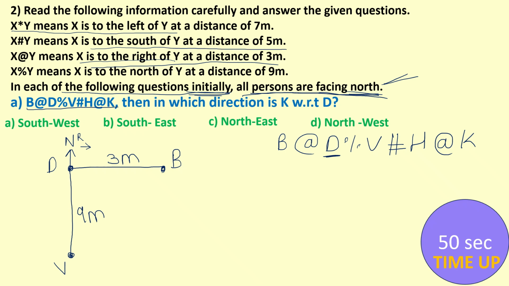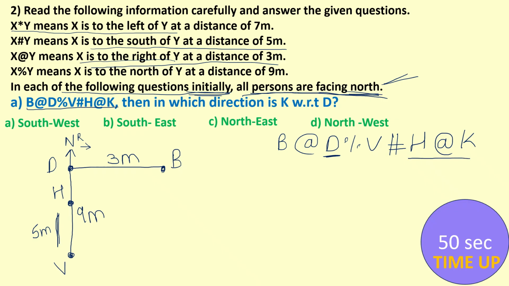So H will come here somewhere, and the distance of H and V will be 5 meter.